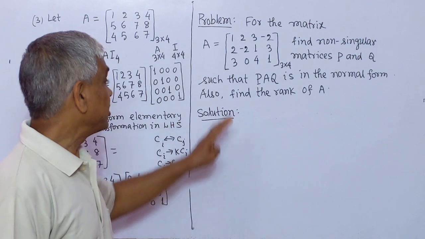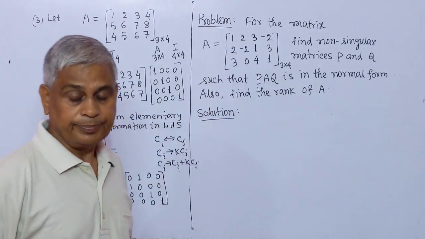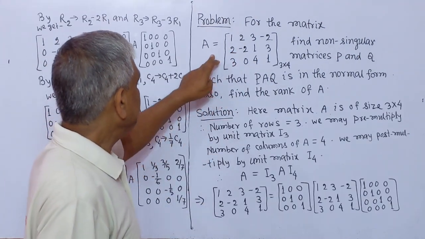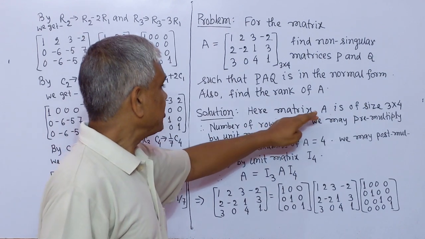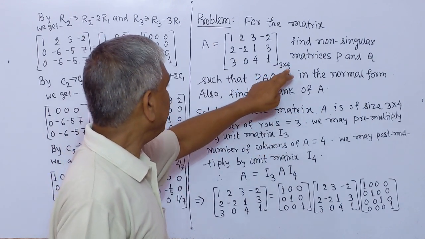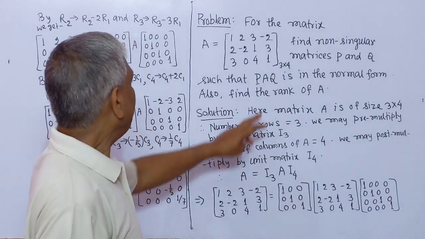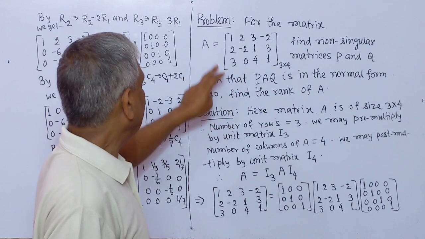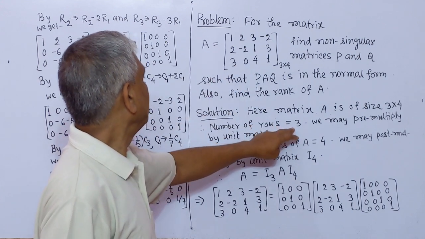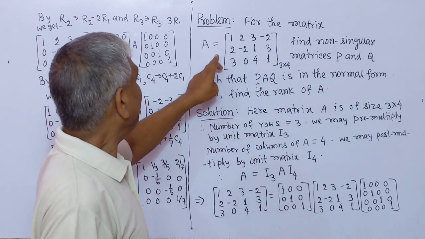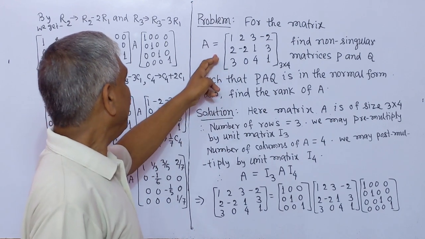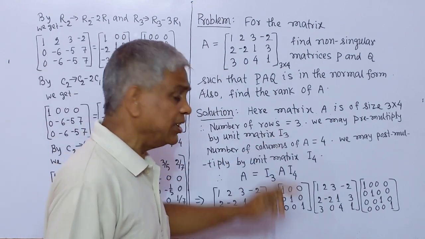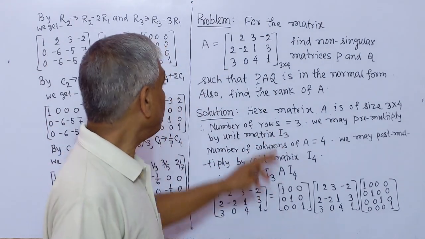Now we start to solve our problem. Here we see that the matrix A is of size 3 by 4. Therefore, the number of rows of A is 3, and we may pre-multiply A by the unit matrix I3, since the number of rows of A is 3.